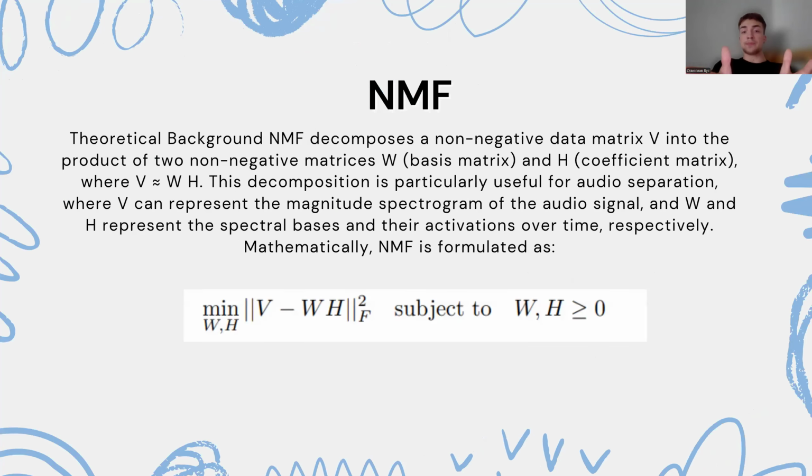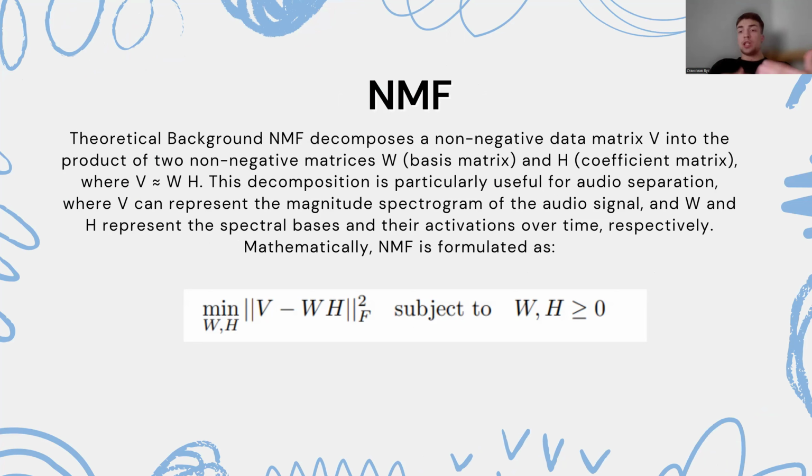So what is non-negative matrix factorization? As I said, it decomposes our matrix V into two matrices, W and H. The first matrix W is a basis matrix, which shows our signals, and H shows the coefficients, which is more about the sources of our signals.